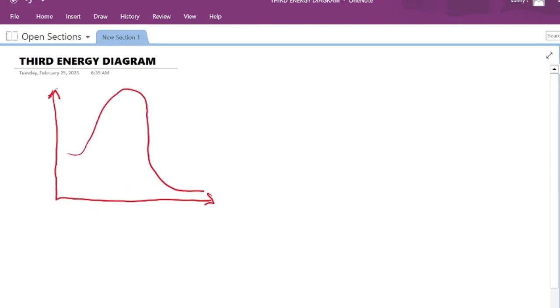At this point you have your reactant, and at this point you have your product.